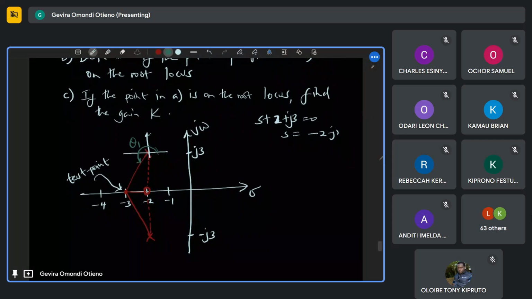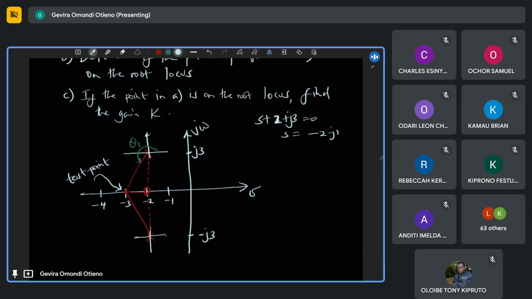Now, I'm trying to do this also for the conjugate. So again, if we had a point here, like that.